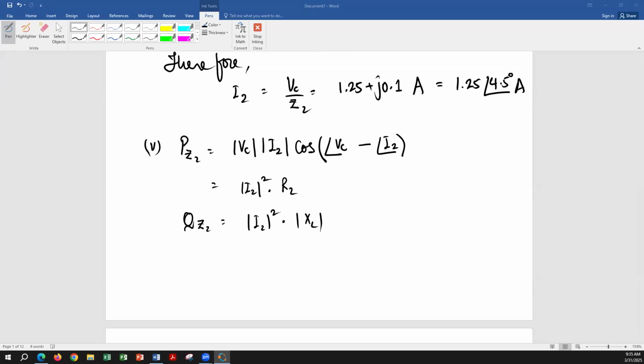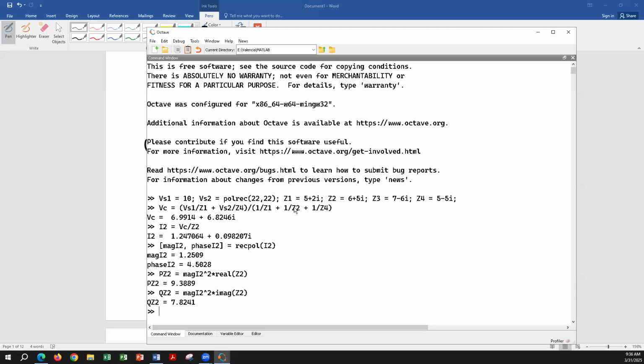So again, when I'm using MATLAB and Z2 is defined as a complex number, all I have to do is extract the real part with the real function, and extract the imaginary part with the imaginary function. So I don't have to rewrite the equation, I just recall the equation, change some variables, PZ2 to QZ2, and real to imaginary. So I don't really have to keep typing the same thing. And that's a good thing with MATLAB or Octave, that you can recall the equation and modify it quickly in order to calculate the next quantity. It doesn't take much time.